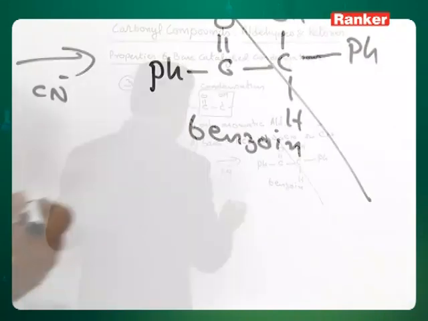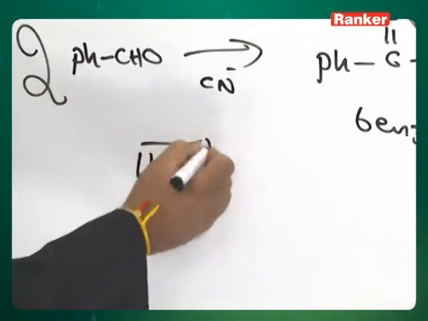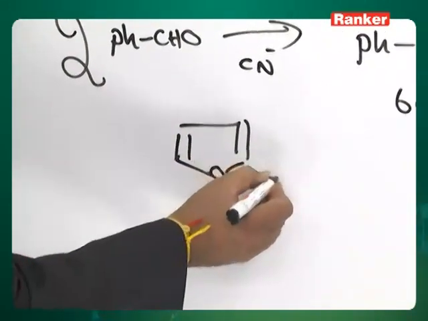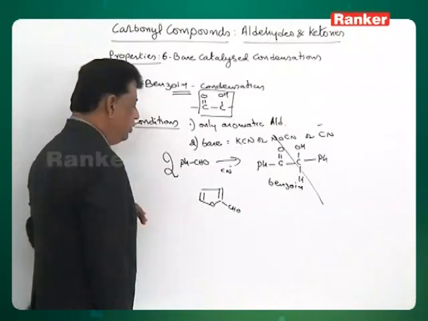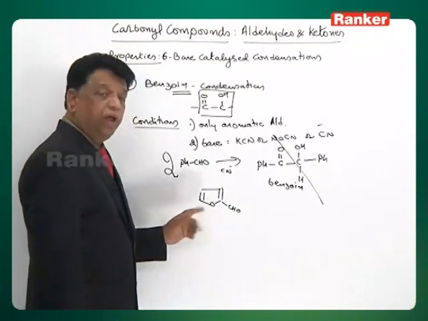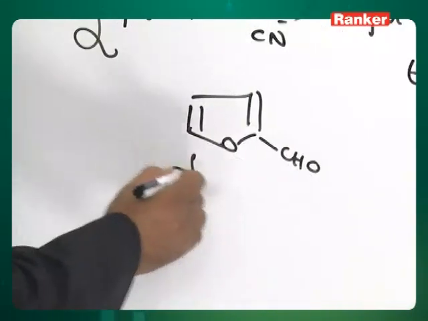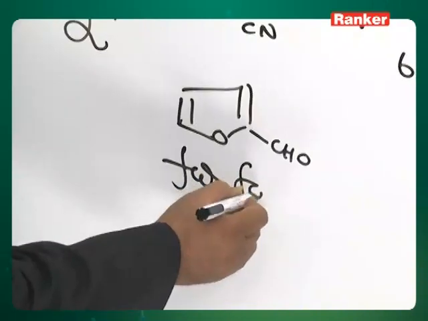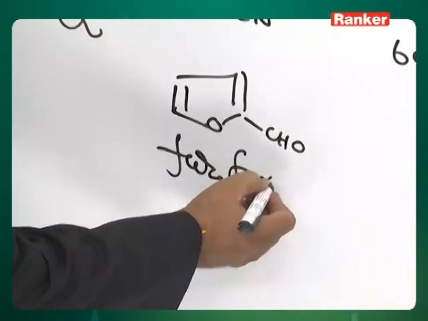If a furan aldehyde is taken, furan will have an aldehyde on the second position, 2-furan aldehyde, or it is also called furfural, a common name is there, furfural. Formylated furan is called furfural.